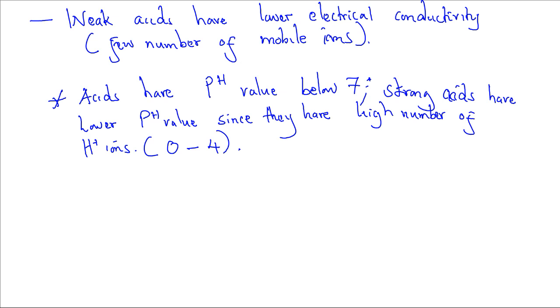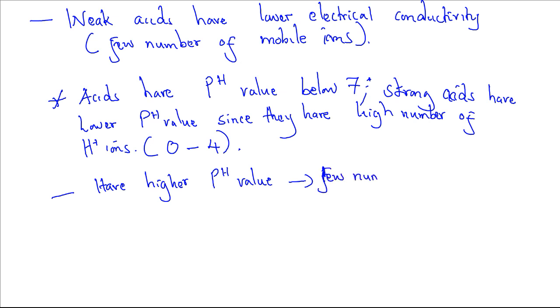Similarly, weak acids have higher pH value because of few number of hydrogen ions. So, the lower the number of hydrogen ions, the higher the pH value.